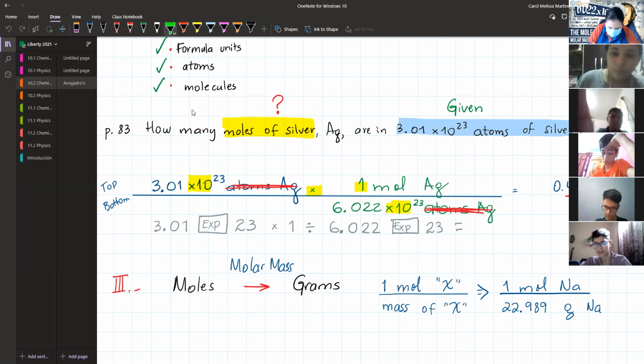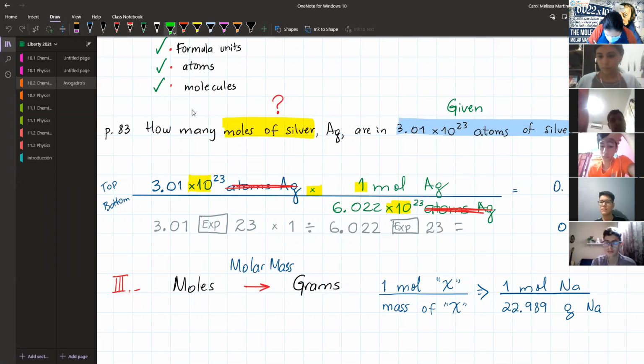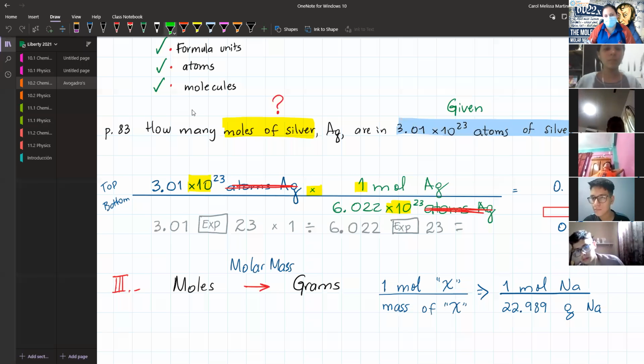It's going to give 1 to 49, so it's going to make 50. So I'm going to write it 49.98 moles of silver, or rounded to 50 moles of silver. Both answers are correct. It's better if you round, okay? So that's why that one is the one that is in my box.